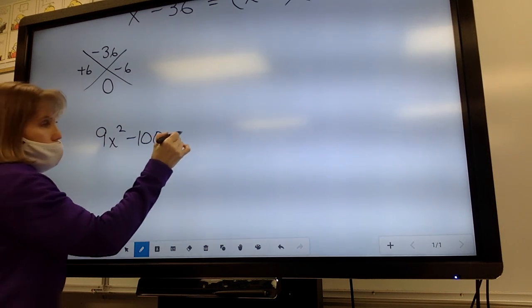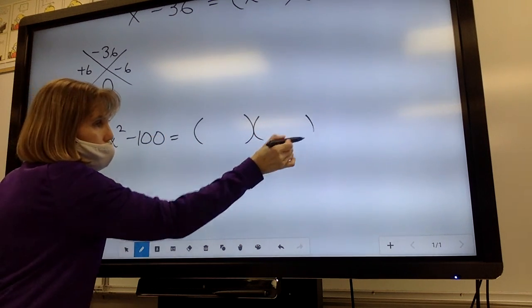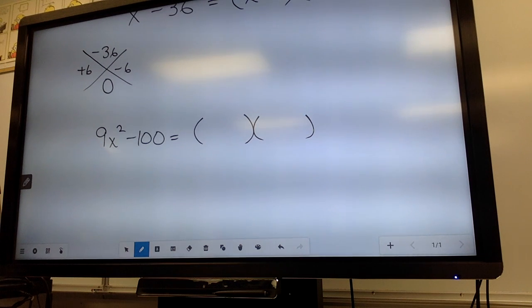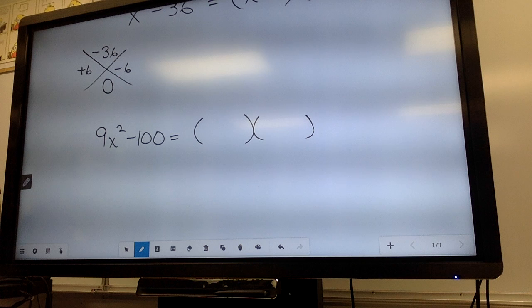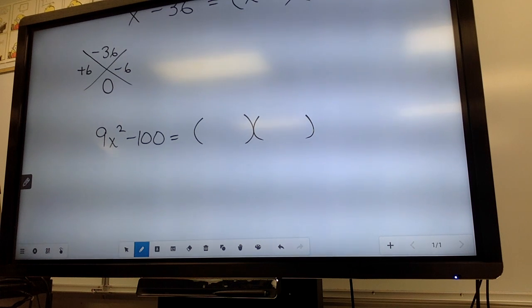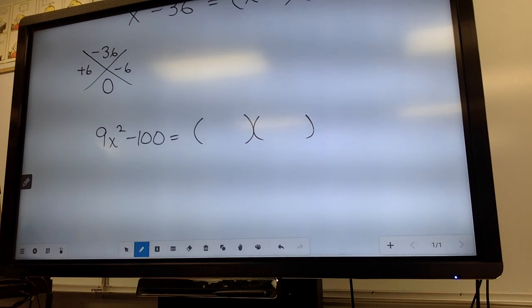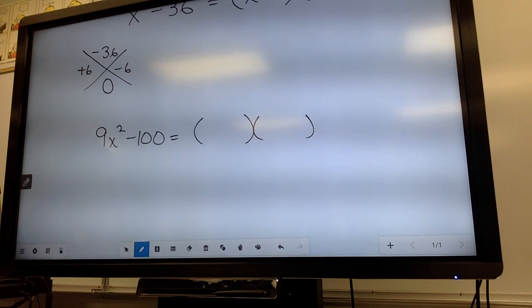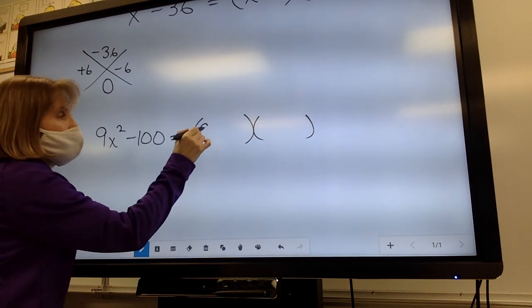You might recognize the pattern and be able to go right to the answer. Anybody want to take a guess at it? It's not 10. 9x plus 10 and 9x minus 10.